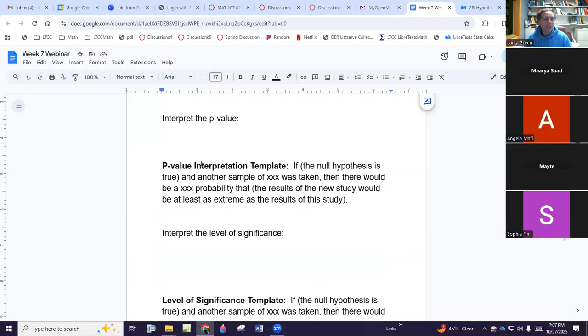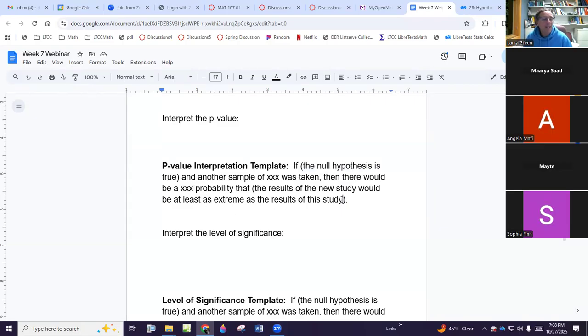And for the p-value interpretation template, if, and then whatever it means to say the null hypothesis is true, that should be in words in context of the survey, and another sample of however many you asked was taken, then there would be whatever that probability was for the p-value that the results of the new study would be at least as extreme as the results of this study.